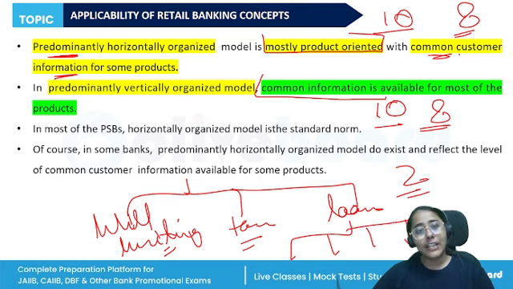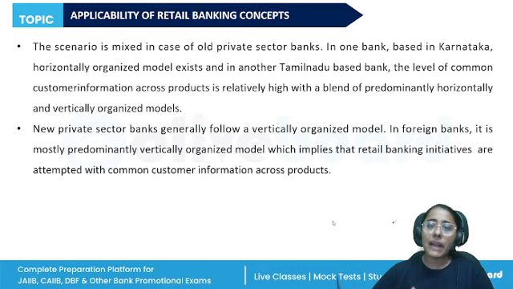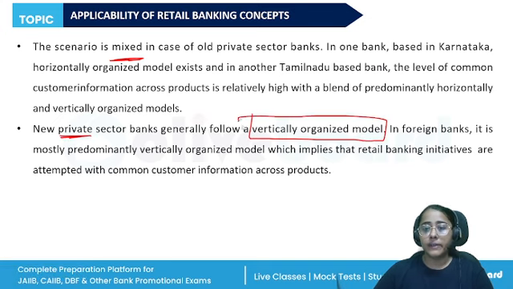The more technologically advanced banks will go with the predominantly vertical model. If we talk about the old private sector banks, the scenario is mixed. Some old banks, they use the horizontal, other they use the predominantly horizontal and the vertical. So it is mixed. But the new private banks, they generally follow a vertically organized model.